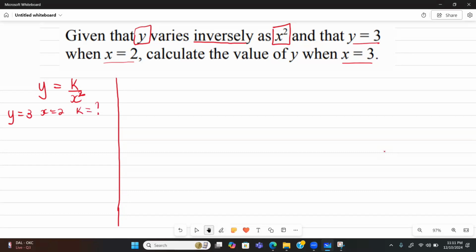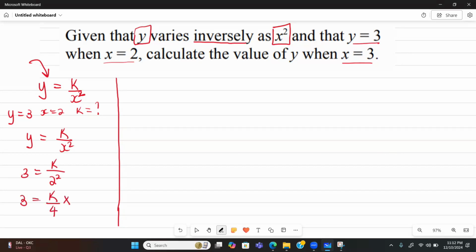Now, let us substitute these values for x and y to find k. Let's take a look. So I'm going to rewrite this. y is equal to k over x squared. So y is 3, so 3 is equal to k over x squared. x is 2 squared. 3 is equal to k over 4.